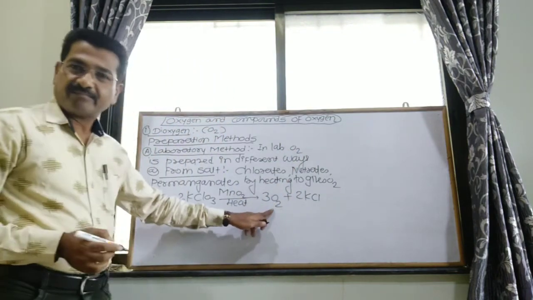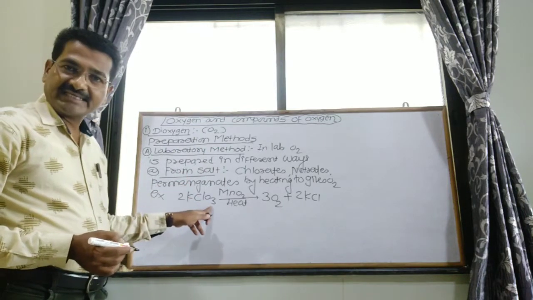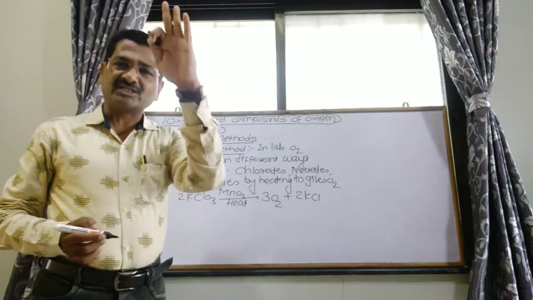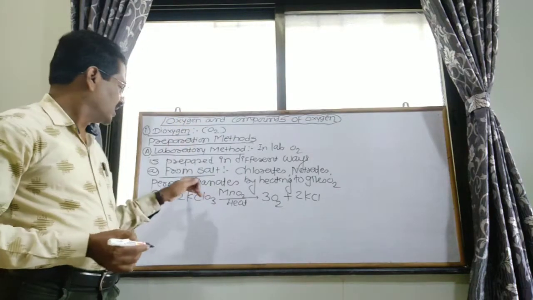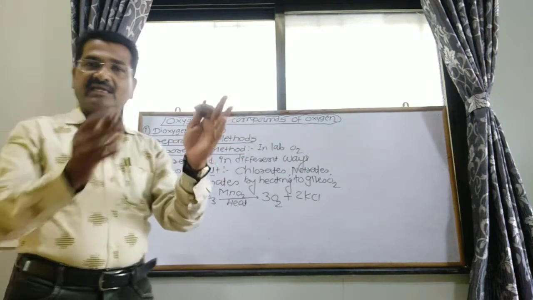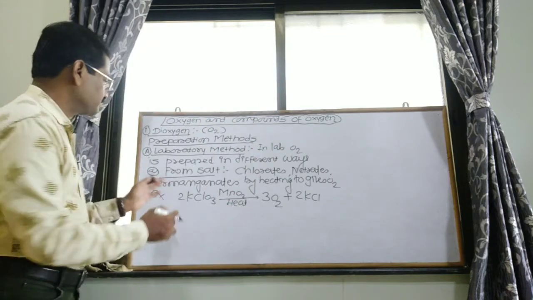So by this way, dioxygen is prepared from a chlorate. Likewise, you can take sodium nitrate, potassium nitrate or permanganates. Any of these salts can be heated at high temperature, then it gives dioxygen.